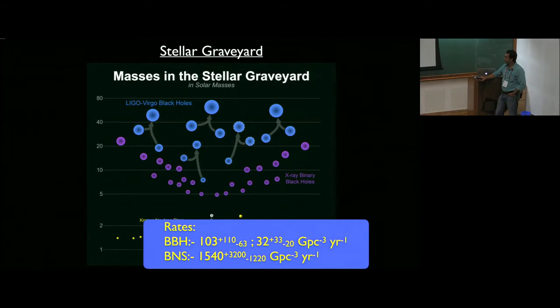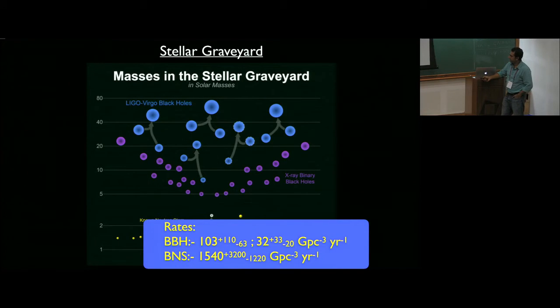Okay? And based on the gravitational wave merger detections so far, these are the rates that the LIGO collaboration gives out. So there are 2 different merger rates. This is per volume, per year. 2 different levels of merger rates, and that depends somewhat on what the mass distribution for black holes inherently is.